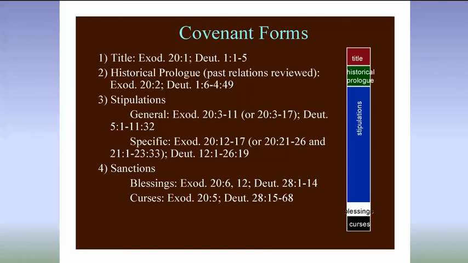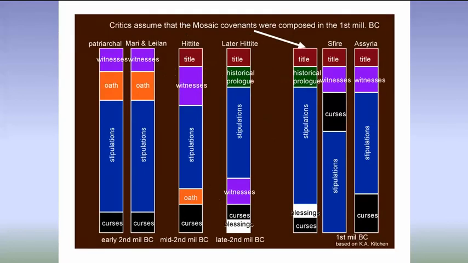So now we're talking about a so-called Moses author being responsible for producing this particular form. If we compare what form emerges, and do the comparison to the first millennium BC forms, we don't see a good match.